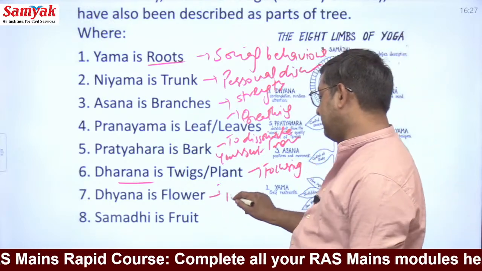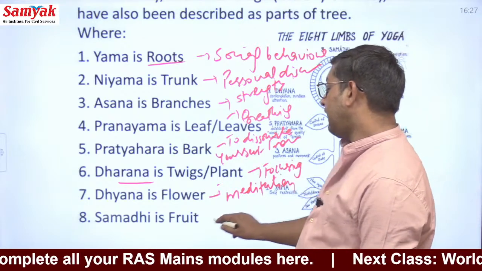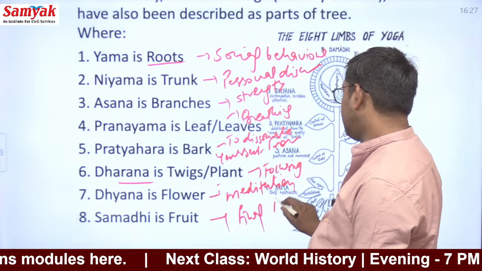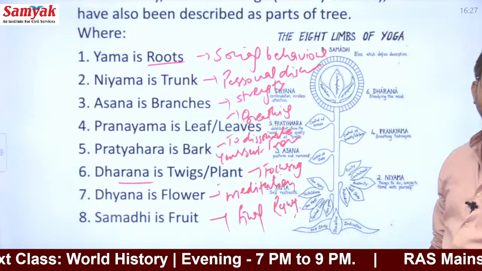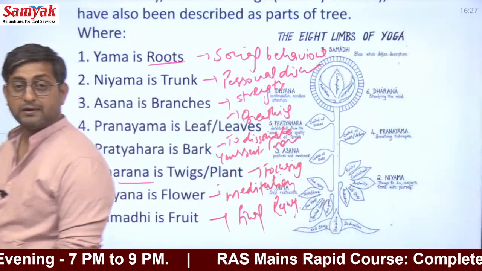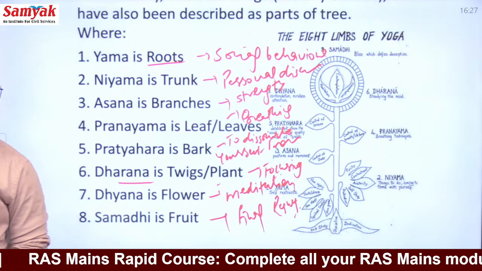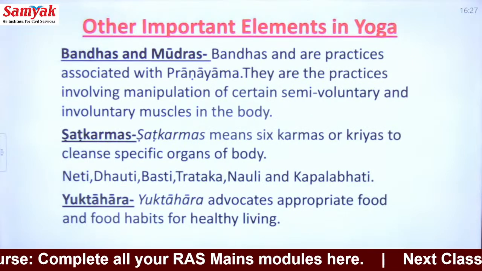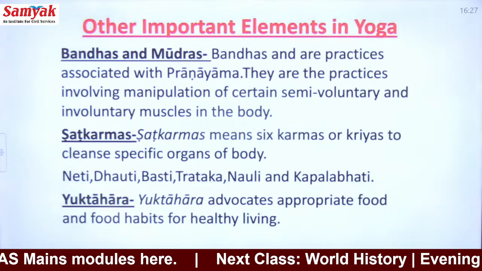Dhyana is basically meditation, or the result, and samadhi is the final result, that is the fruit, that is the salvation. So that is how the 8 elements of Ashtanga Yoga are compared to different parts of the plant. There can be a question of how Ashtanga Yoga can be considered part of the plant. In this manner we need to understand that these are the 8 elements of Ashtanga Yoga, and that is how they are correlated to various parts of the plant.